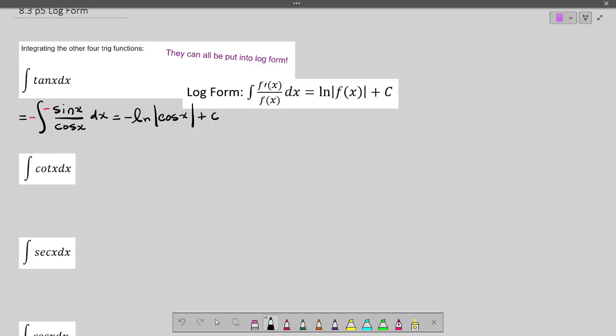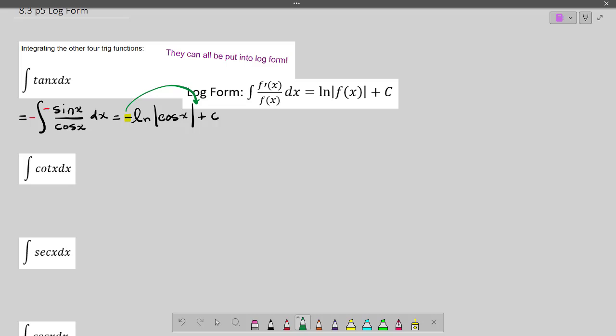And if we wanted to be clever here, we could say, ooh, there's a minus 1 in front. And we know that coefficients of logs, their magic power is that they can fly up into the inside and become an exponent. So you could take that and fly it up here, and then you would be asking for the reciprocal, not inverse, but the reciprocal of cosine.